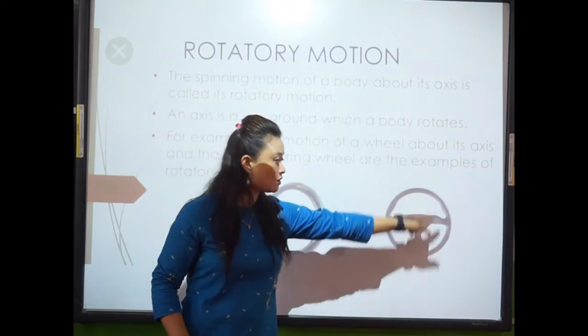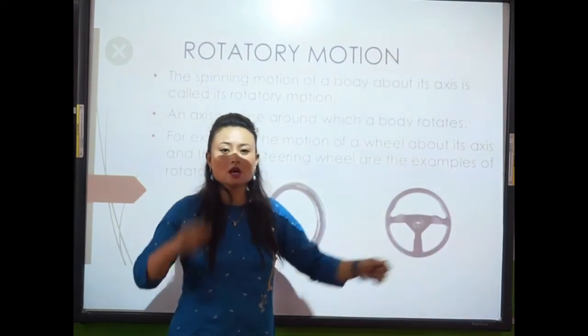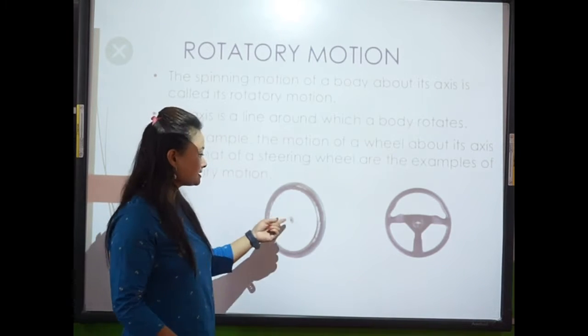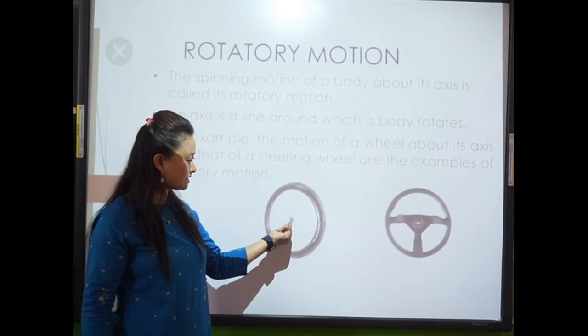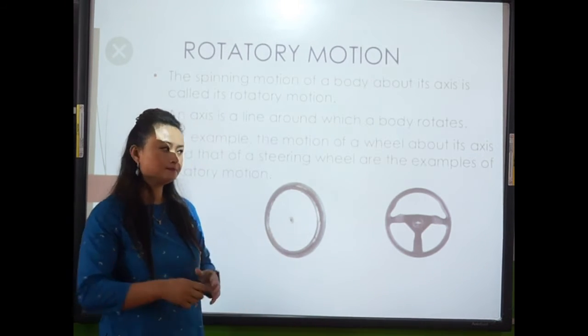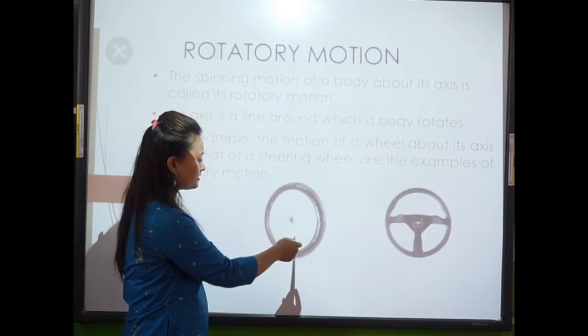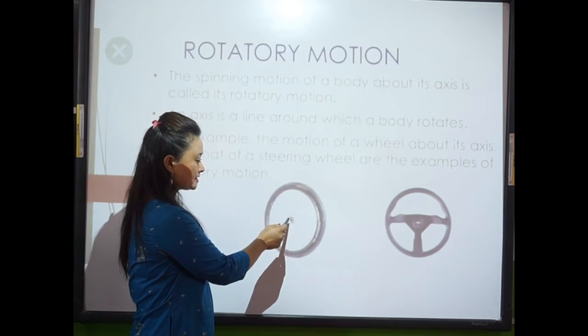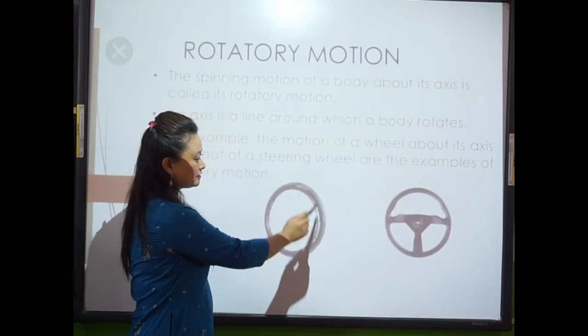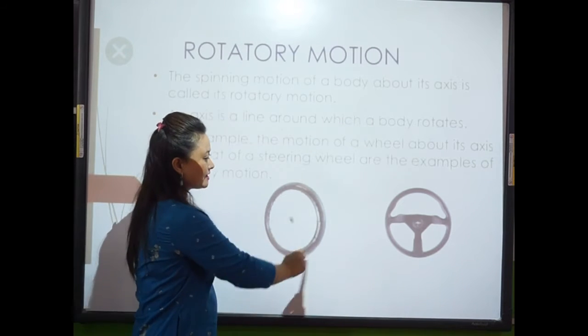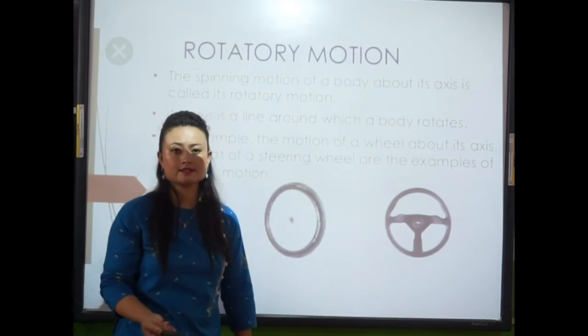This is fixed, only the steering wheel moves. Tires: the tire is fixed at this point, and only the free end rotates, only the tire rotates.